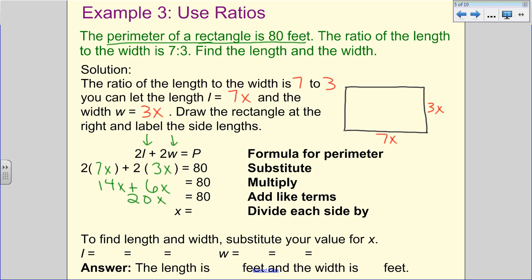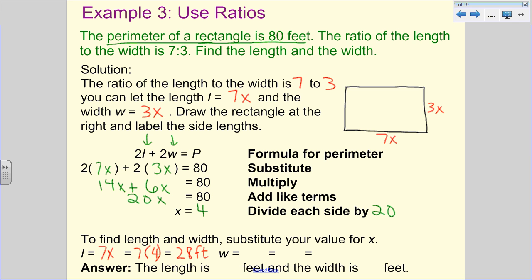And then we're going to have to divide each side by 20. And we're going to get x is equal to 4. We need to find the length and the width. So now remember, the length is 7x, so L equals 7x, which is 7 times 4, which is 28, and that's going to be feet because my perimeter was in feet.